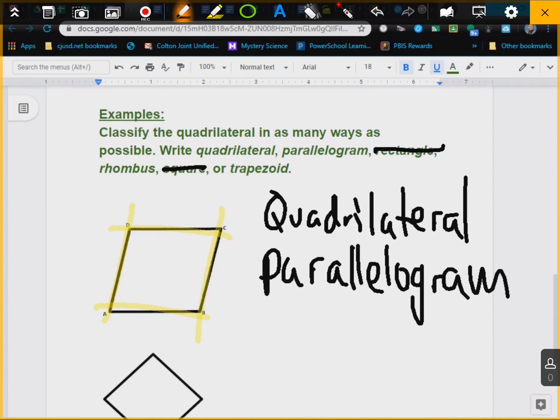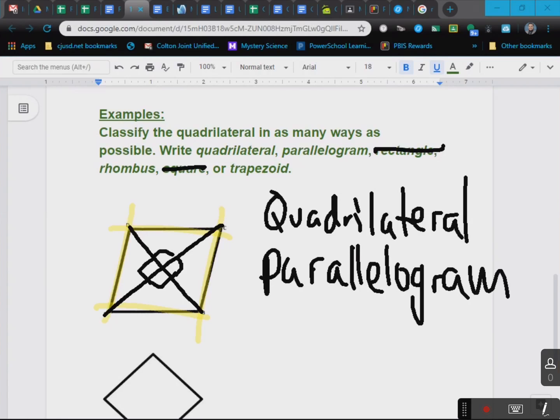Well, we can go back to what a rhombus is. A rhombus has 4 sides that are the same, and these sides are the same. And it says that the diagonal bisects would be right angles. Yep, that works. Okay.